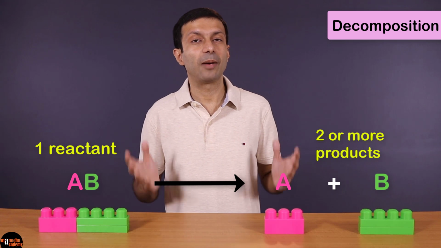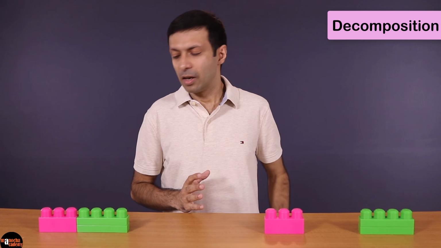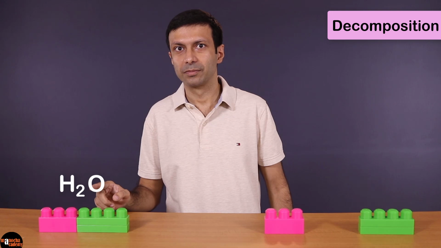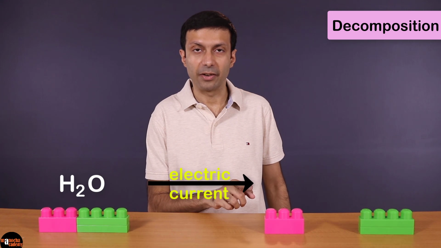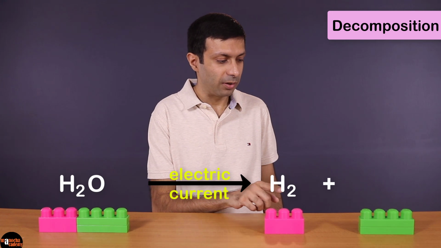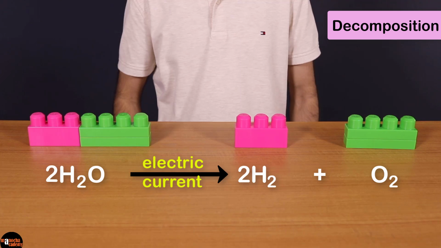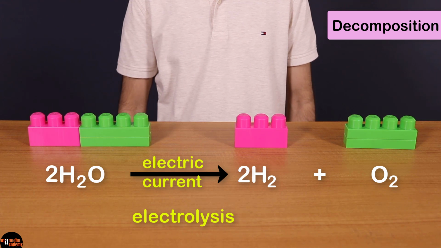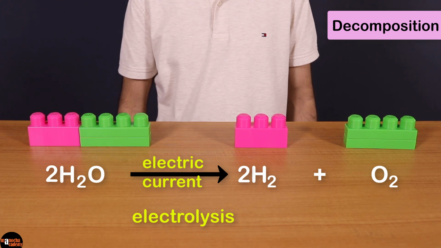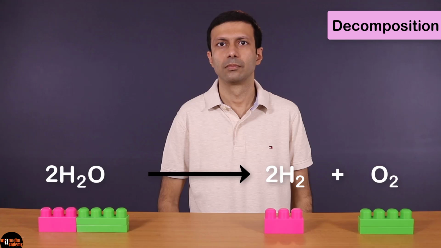Now let's take a look at some examples. Let's say we have water here. And when you pass electric current, it breaks down into hydrogen and oxygen. This is also known as electrolysis since electric current is used to decompose the compound.